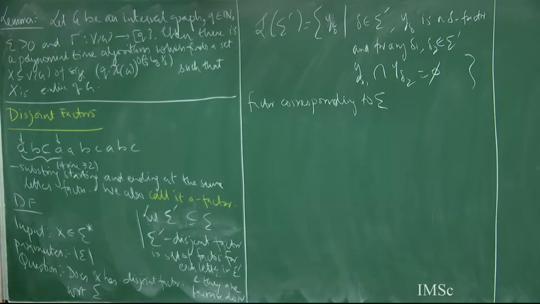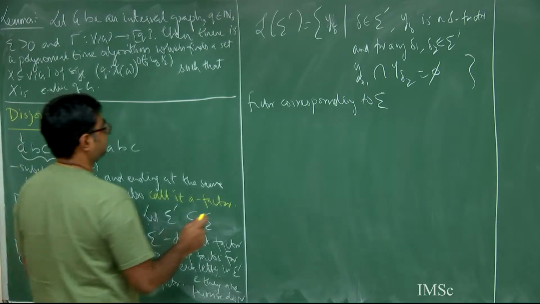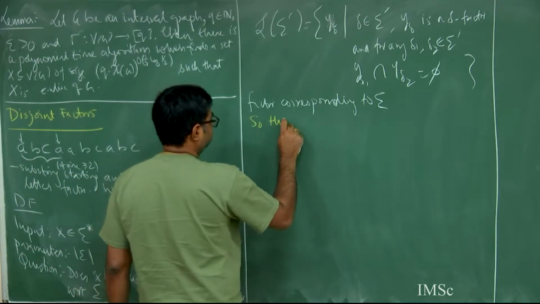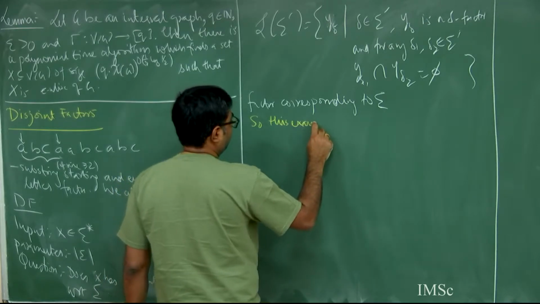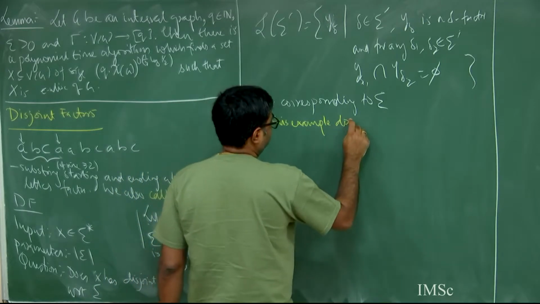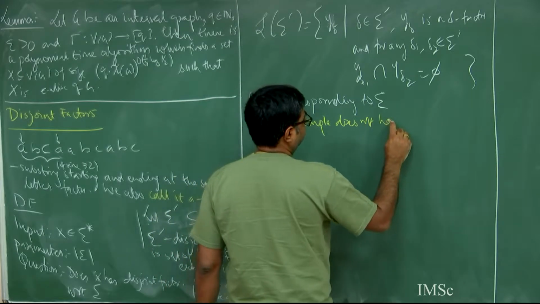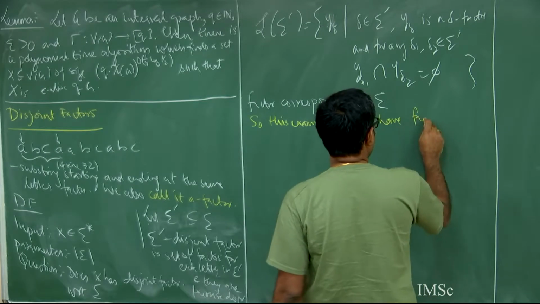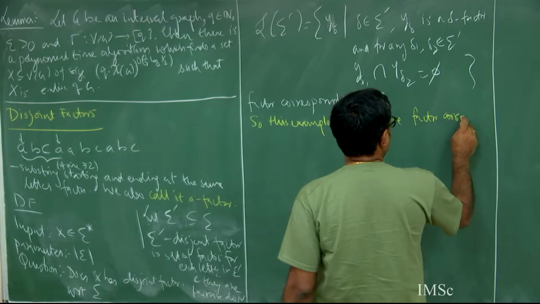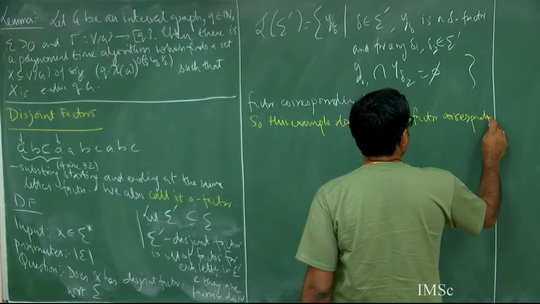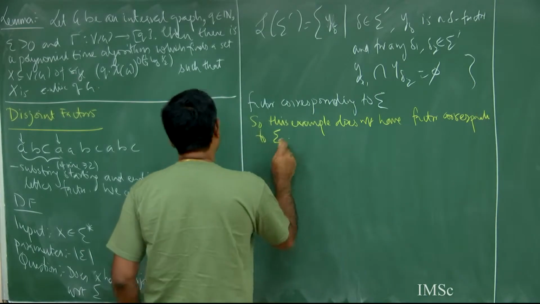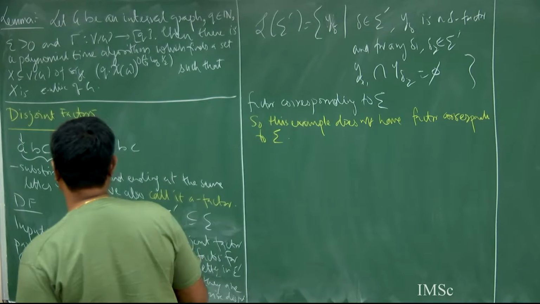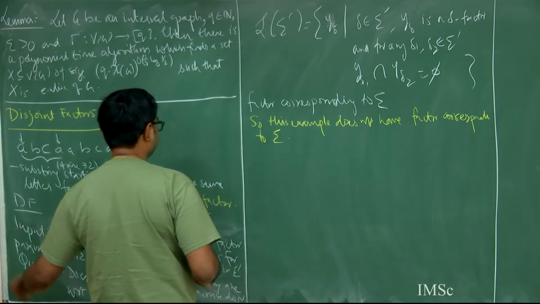Either way it does not have a disjoint factor. At most 2, but not 3. So this example does not have factors corresponding to sigma.